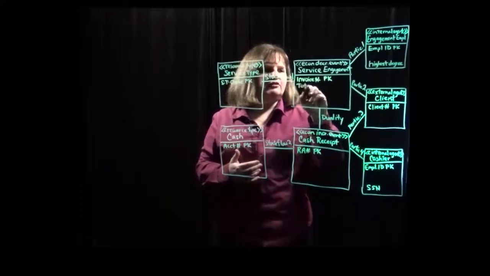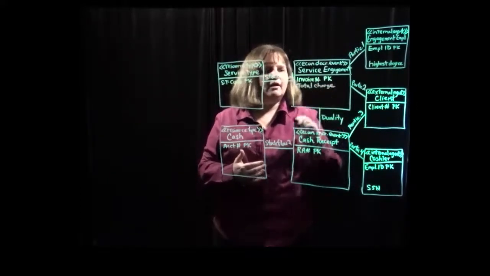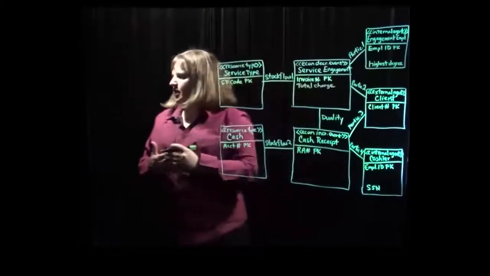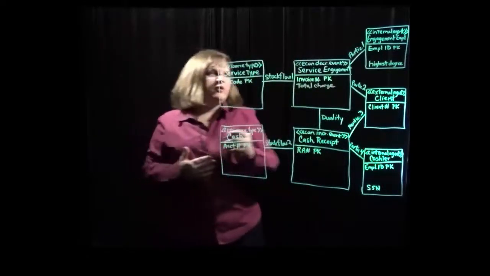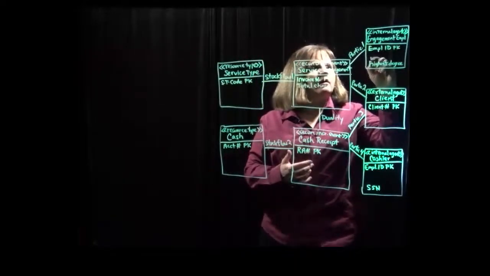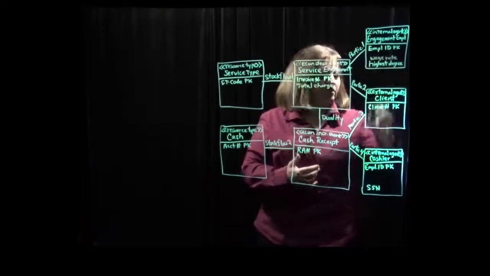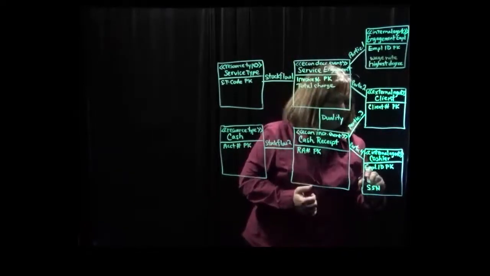That's going to go on our service engagement as a descriptor attribute. Next we have our employee wage rate, and we're going to track that both for our engagement employees and also for our cashiers.